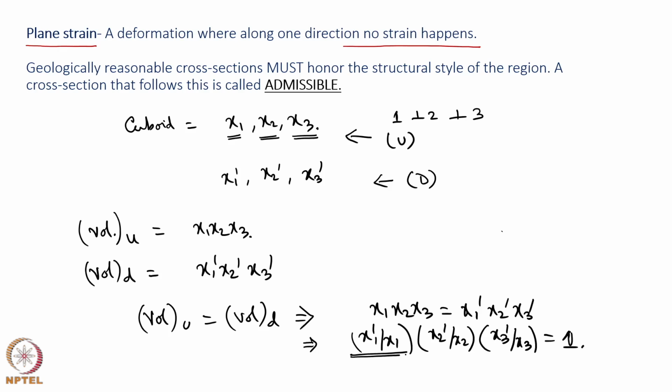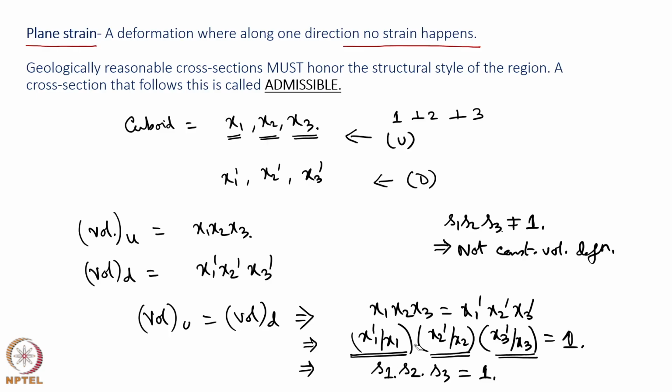Now, x1 dash by x1 is the final length divided by the initial length along direction 1. This is the final length divided by the initial length along direction 2, and similarly for x3, which is the same as stretch along direction 1. S1 multiplied by S2 multiplied by S3 is equal to 1. So, this is a special case. For S1, S2, S3 not equal to 1, it will indicate that the deformation is not constant volume.